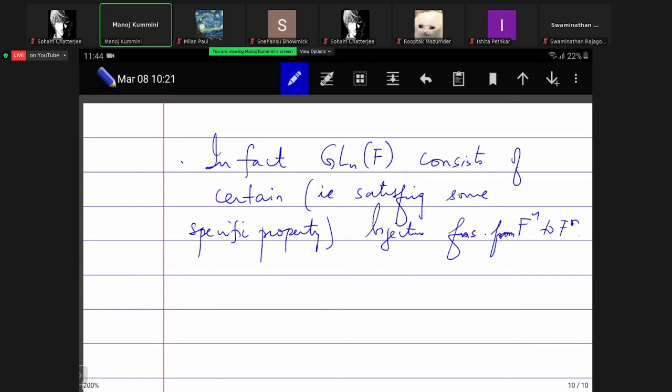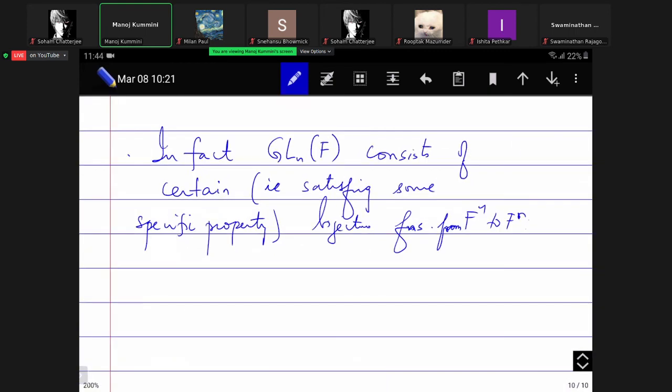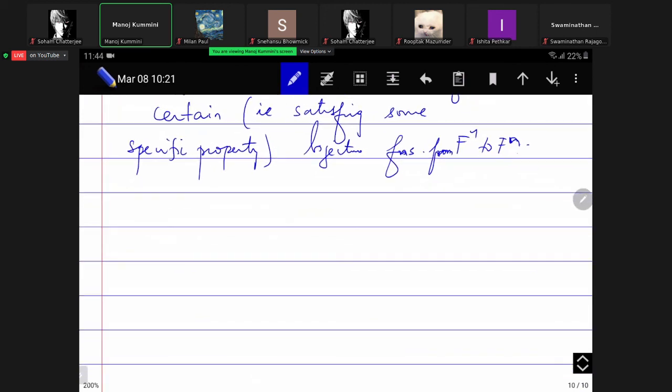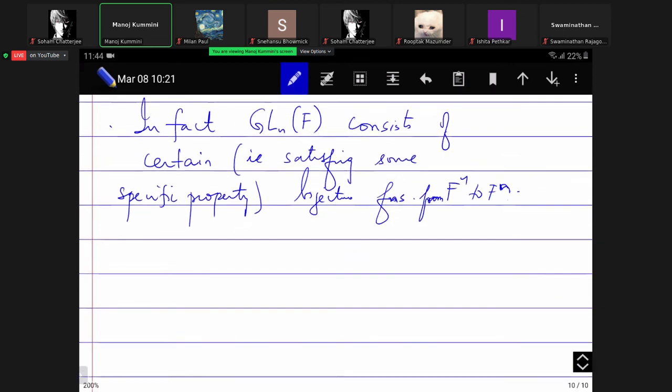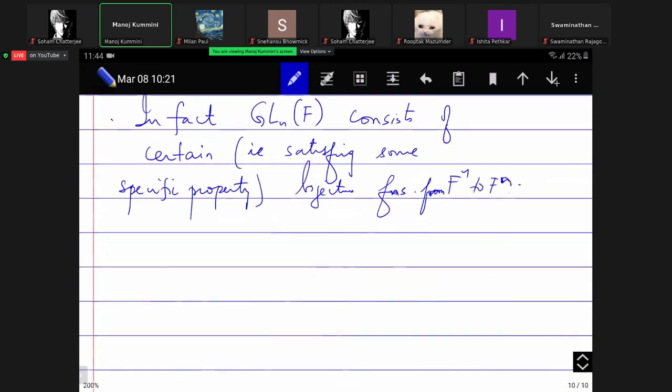So this is related to the general example that I just described. The idea of considering bijective functions from a set to itself as a group under composition is not a new idea. You have done it, using invertible matrices. It's just that you have not thought about it as a group or as bijective functions. But it's not a new idea.